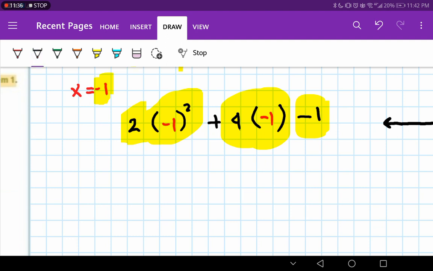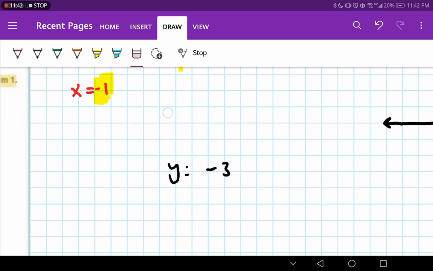So the answer for all this is equal to -3. y equals -3. So I erase everything here and I tell him x equals -1 and y equals -3. So this is -3, my dear student. So the coordinate of the vertex is -1 and -3.